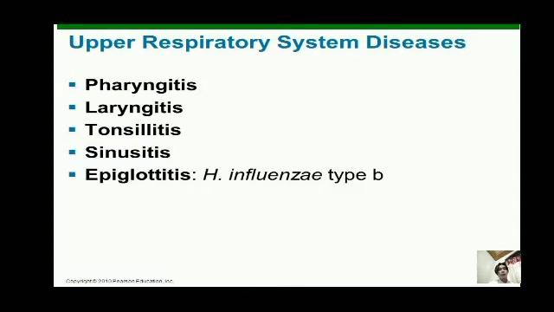This is probably the most life-threatening infectious disease of the upper respiratory system. Why? Because it is a rapidly developing disease that can result in death. This is caused by an opportunistic pathogen, usually Haemophilus influenzae type B.